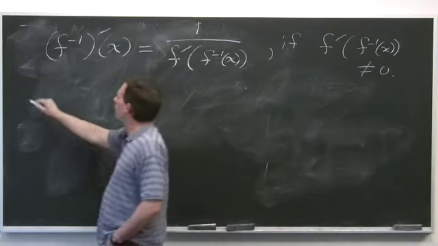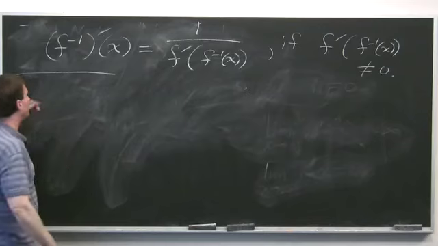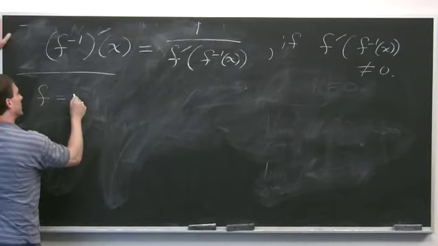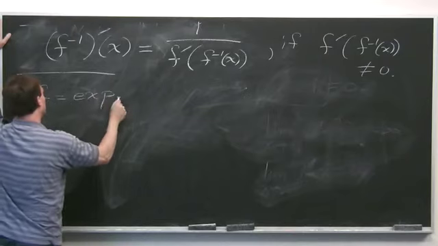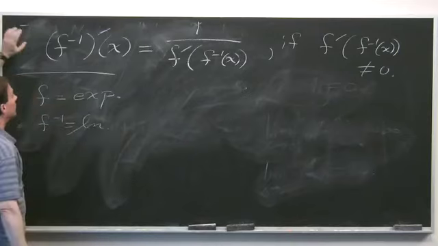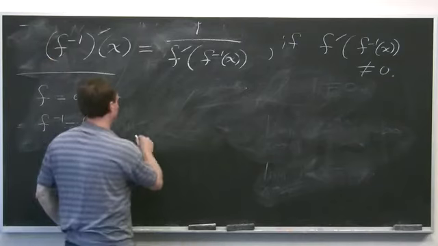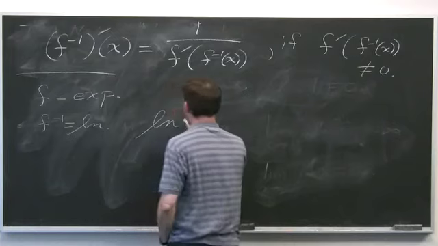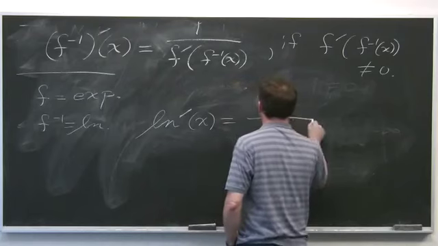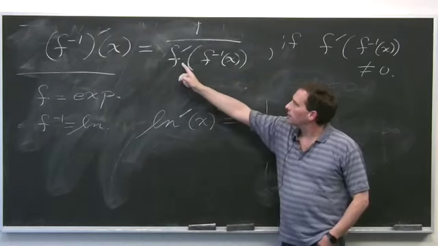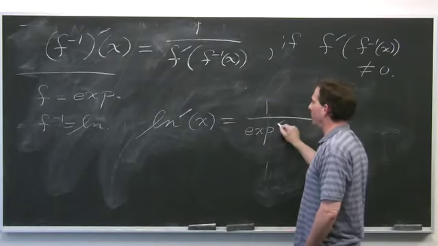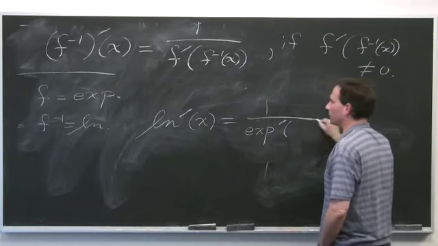We had this. What does this tell us now? All right, we want to apply this to the case where f is the exponential function, so that f inverse is natural log. Then the derivative of the natural log of x is 1 over exp prime applied to f inverse of x.